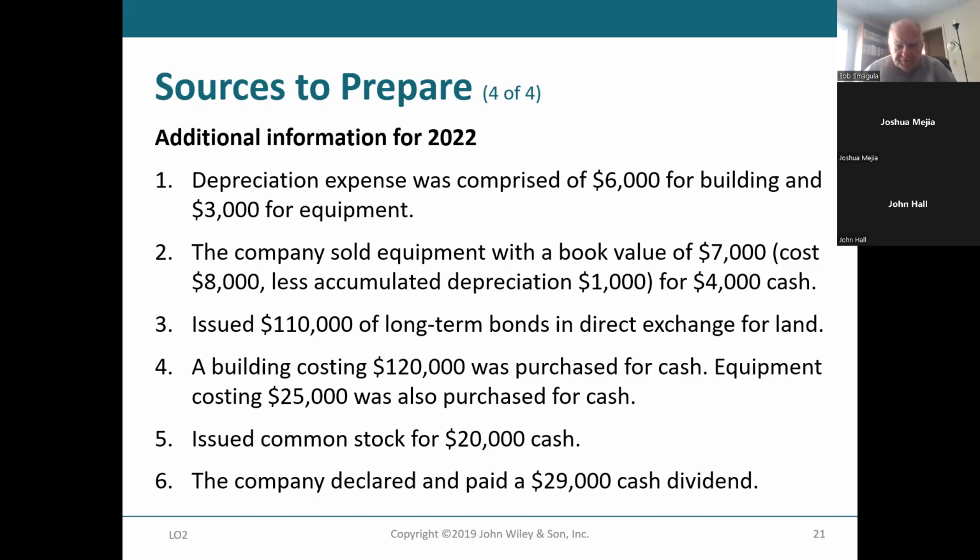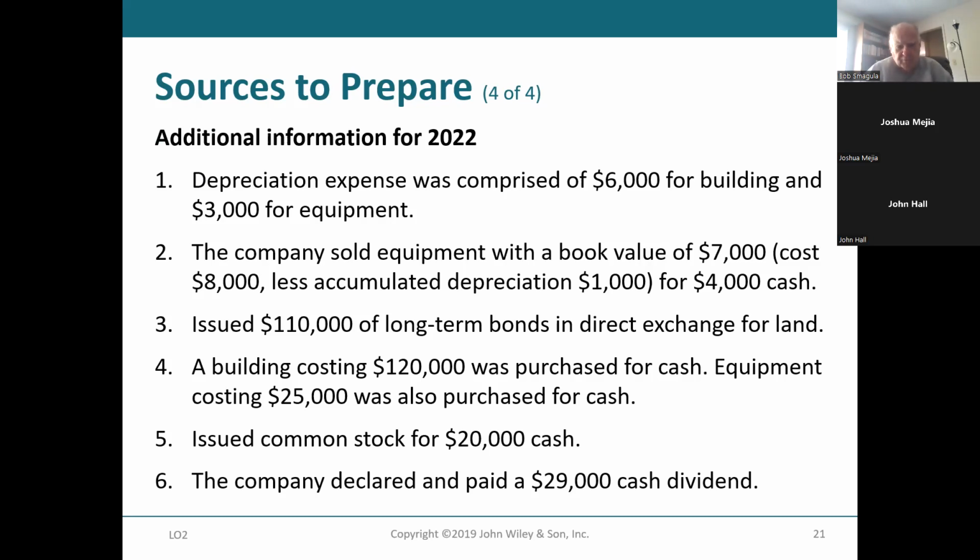A building costing $120,000 was purchased for cash. Equipment was also purchased. They issued common stock and they paid a dividend. What this is showing you is the information you need to take care of the financing and the investing sections.